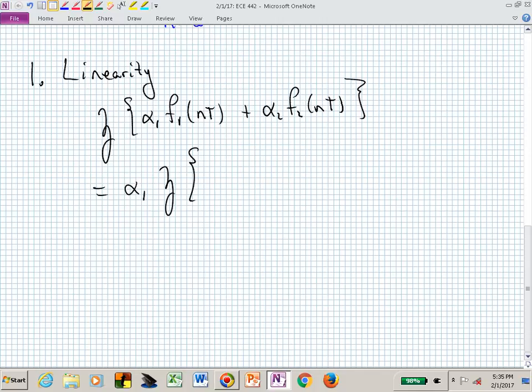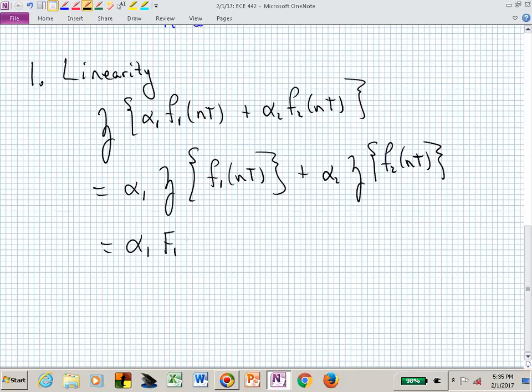So that now we have alpha 1 times the Z-transform of f sub 1 of nT plus alpha sub 2 times the Z-transform of f sub 2 of nT, or that's now just alpha 1 F sub 1 of z plus alpha sub 2 F sub 2 of z.